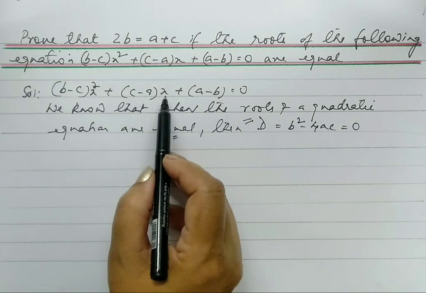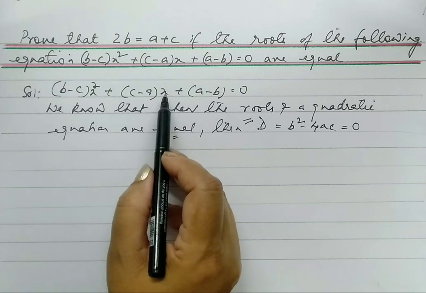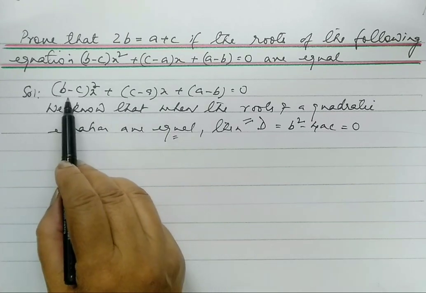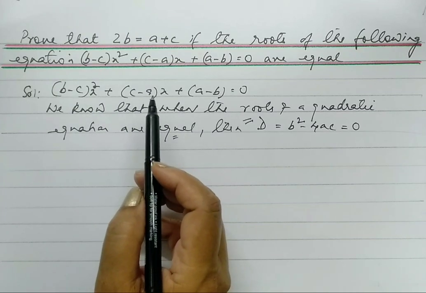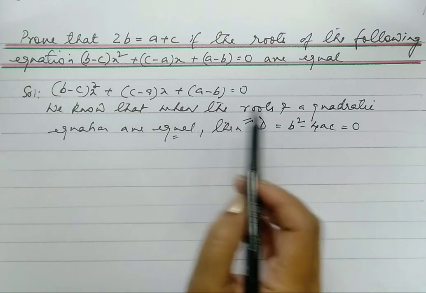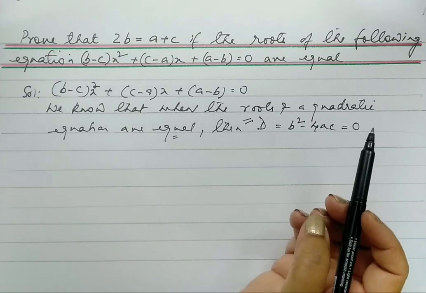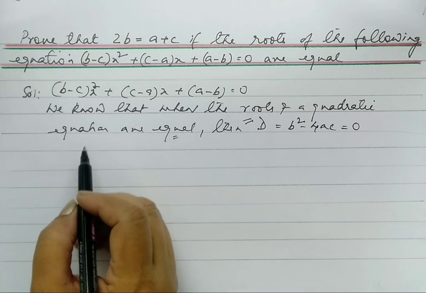B is the coefficient of x having a power of 1. A is the coefficient of x to the power 2, which is b minus c. And what's our c? A minus b.